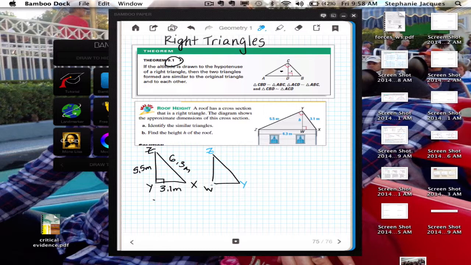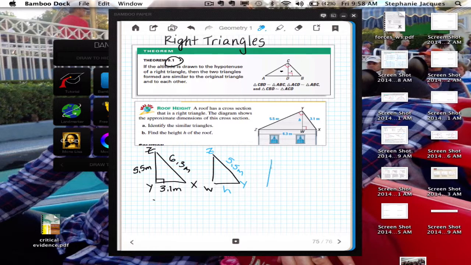So we have our W, and Y is our height. We don't know what that is yet. And we have our ZW, which we don't know yet because it's 6.3 minus something, since we don't know the other side. And then we know that our ZY is going to be 5.5.